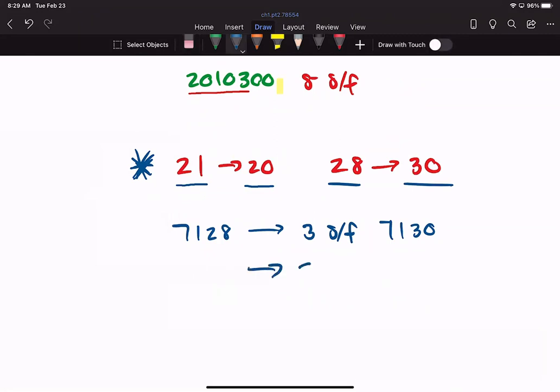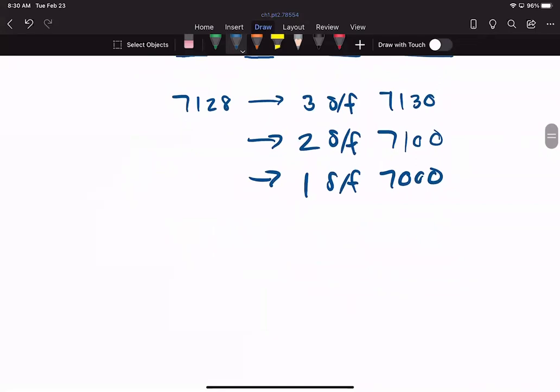What if I wanted you to round it to 2 significant figures? Then what would we put? 7,100. What if I only wanted 1 significant figure? 7,000. So when we're doing this, what we're doing is adding insignificant zeros, and we can get away with that.